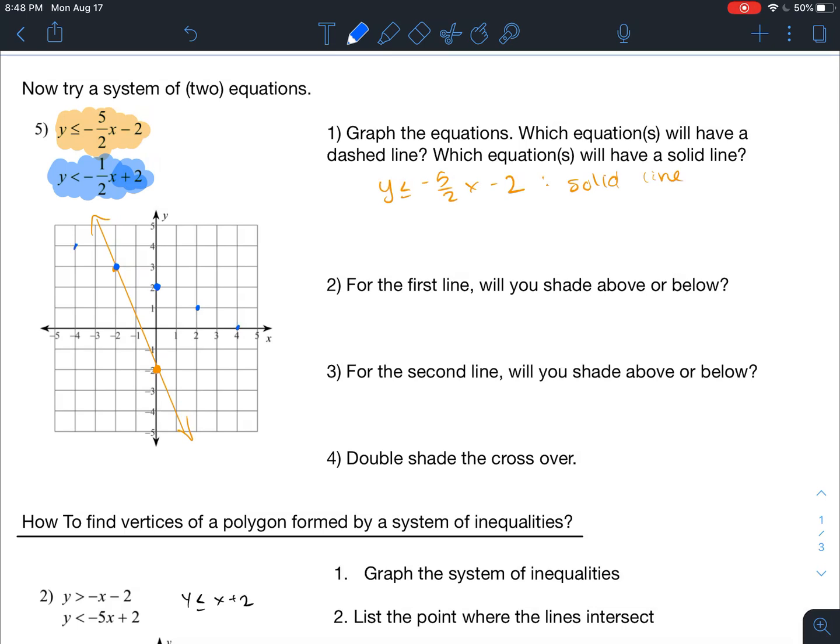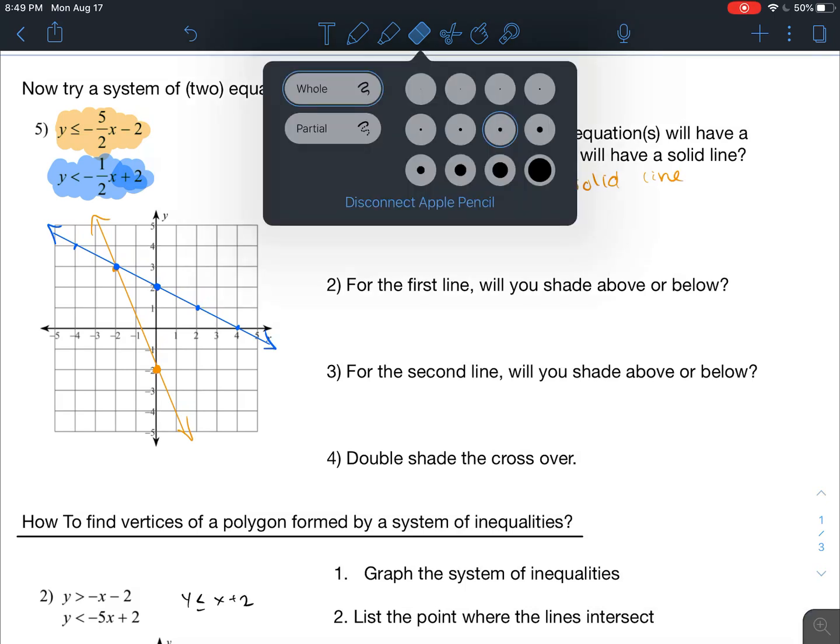So it should follow along that right there. Alright, so now my question is, is it going to be dashed or a solid line? And you can see here that we're going to have a dashed line because it's not equal to. So this line is not included in our solution set.